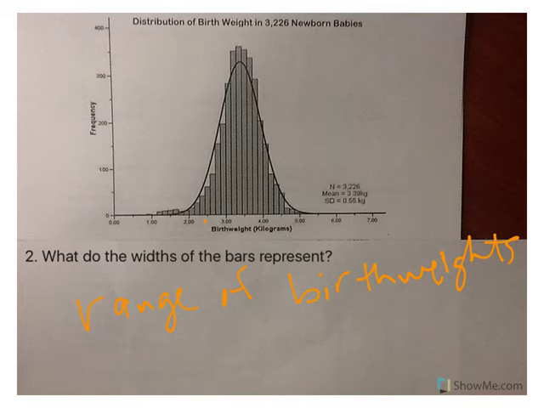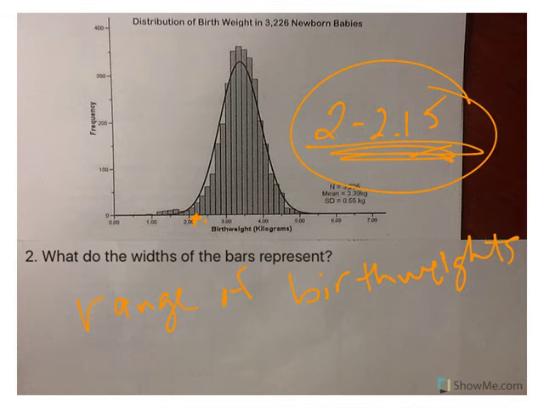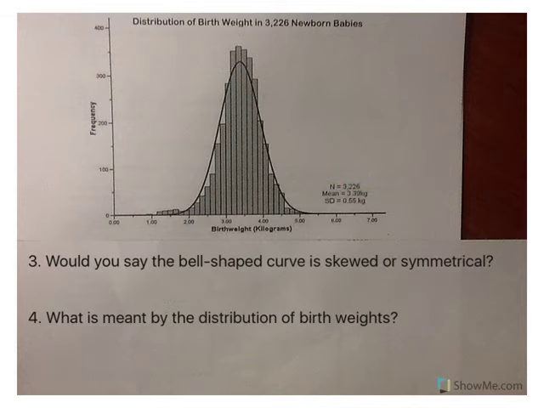So each one of these might be 2 to maybe 2.15 or 2.17, something like that. So the bar would be anything between like 2 and 2.15. I'm just estimating what this would be. But the width of the bar represents this whole range of birth weights. So any baby that fell within this birth weight would be within that bar. That's what they're talking about.